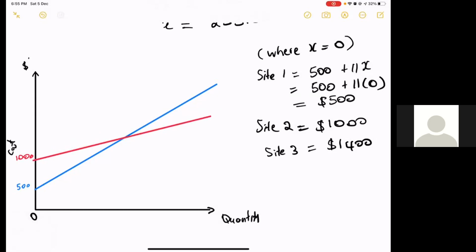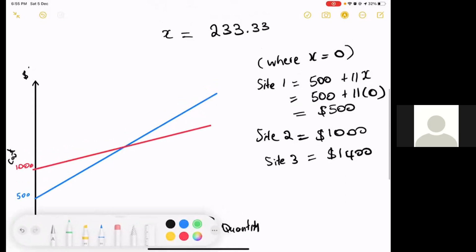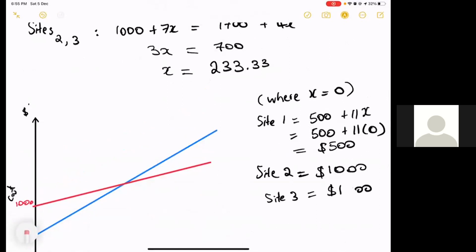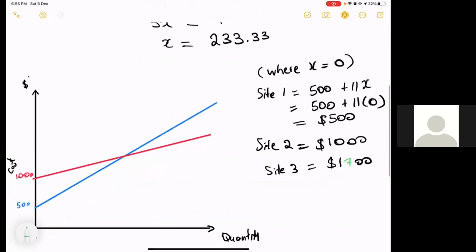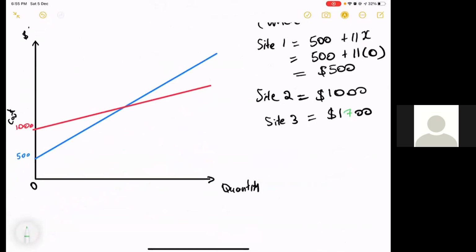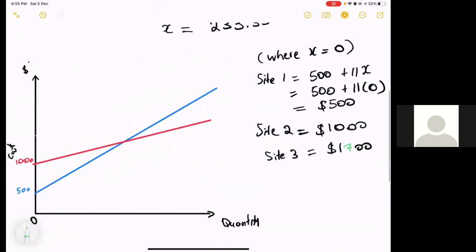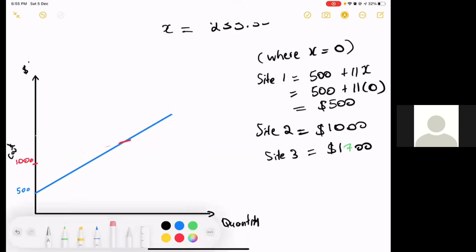And then the last one now, site 3, 1,700. Supposed to be 700. My apologies, this is supposed to be a 7. So 233. I should have made this steeper. Cut this down a bit so you guys can see it better.